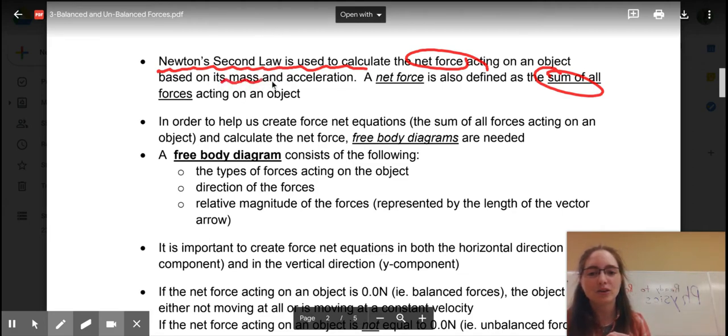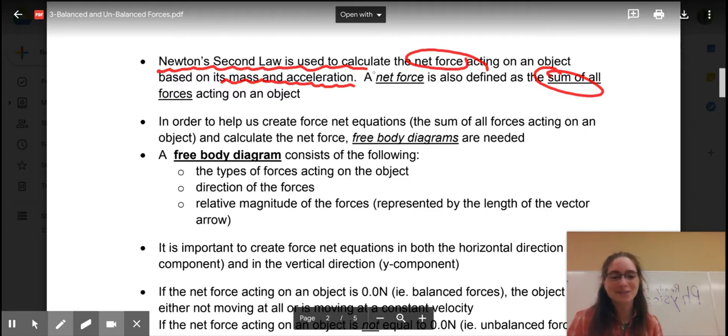It is based on our F equals ma equation, or on your data sheet, a equals Fnet over m. When we're determining what our net force on an object actually is, when we have a bunch of forces acting on it, we're going to have to add them all together to determine our net force. And we can also use that equation to determine the numerical value of our forces.